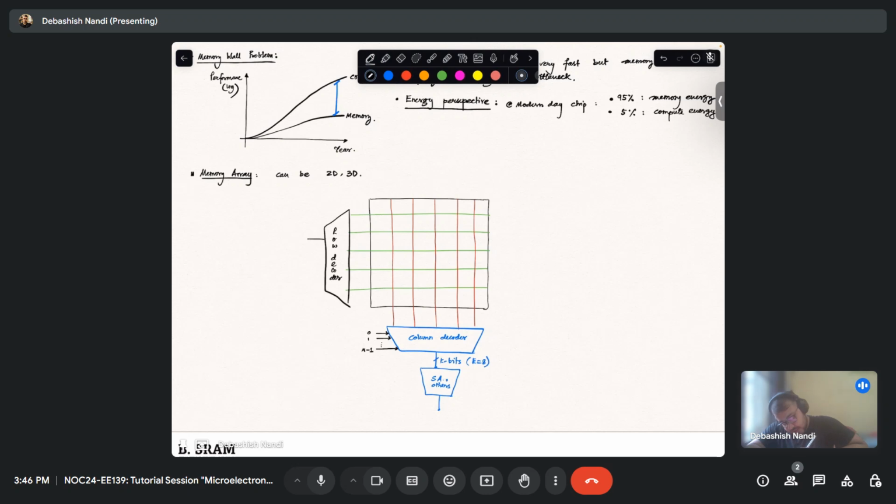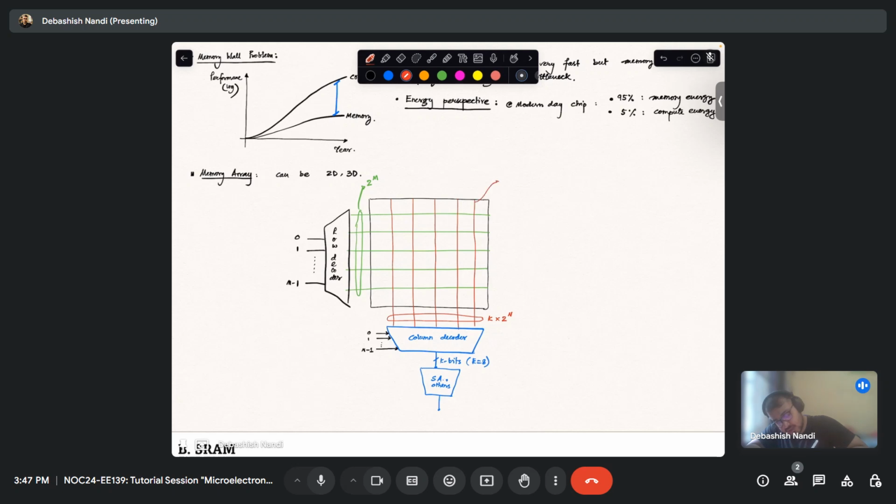So let's say this is 0, 1 to m minus 1. So what is the number here? This number is 2 raised to m, okay. What is this number? This number is k times 2 raised to n, okay.